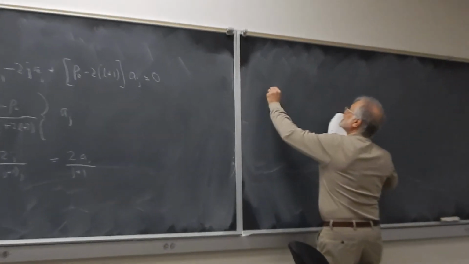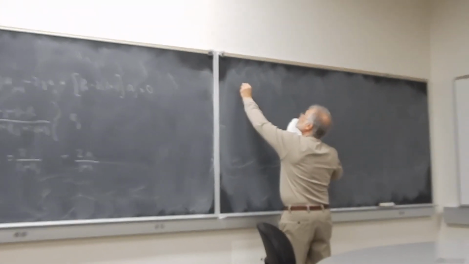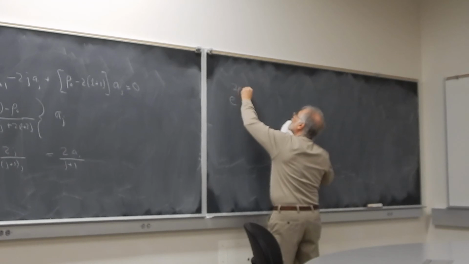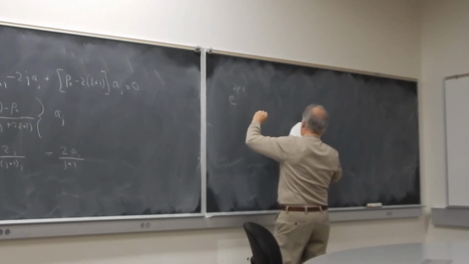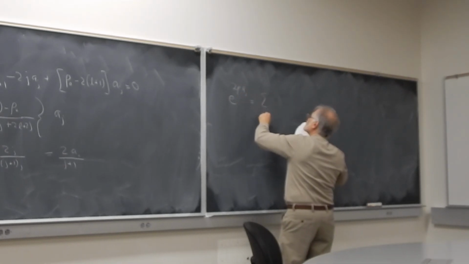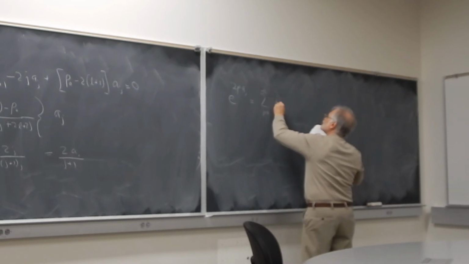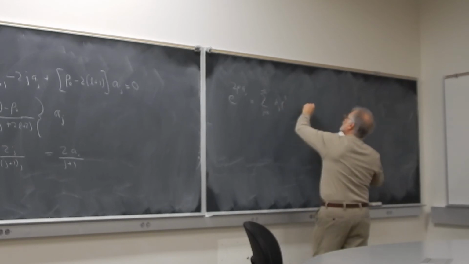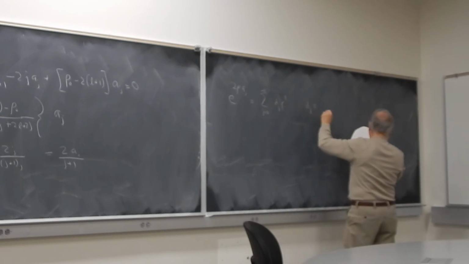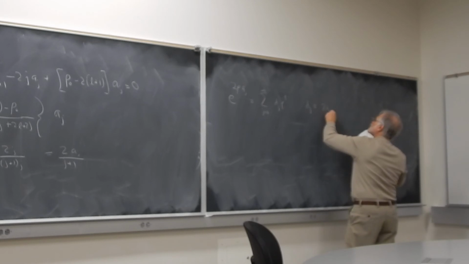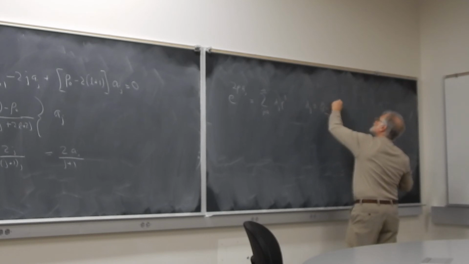Well, the series e to the 2 rho looks like sum j equals 0 to infinity d sub j rho to the j, and d sub j is 2 to the j over j factorial.